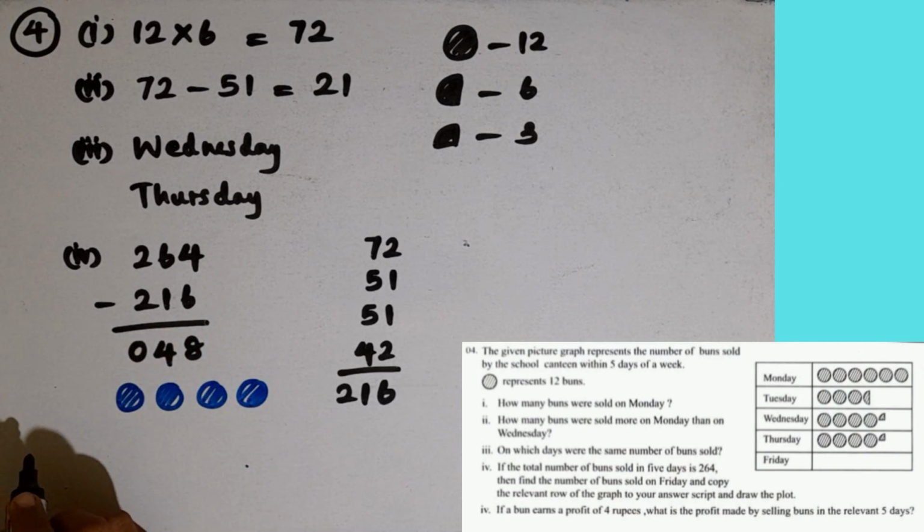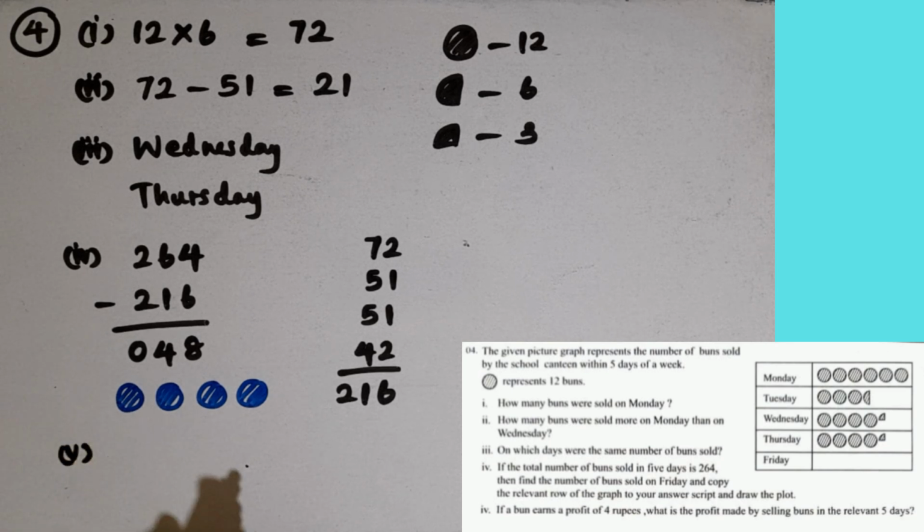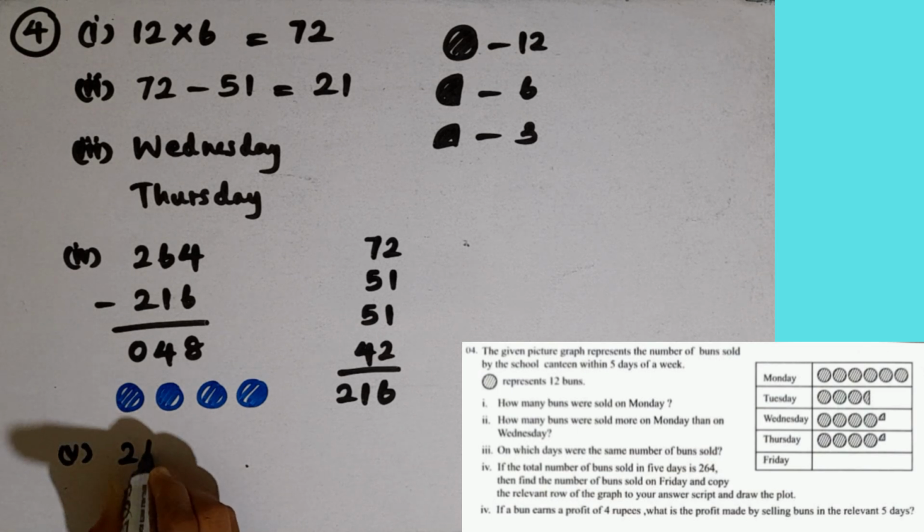Then part 5. If a bun earns a profit of 4 rupees, what is the profit made by selling buns in the relevant 5 days? We have to take the total number of buns. Total number of buns is 264.